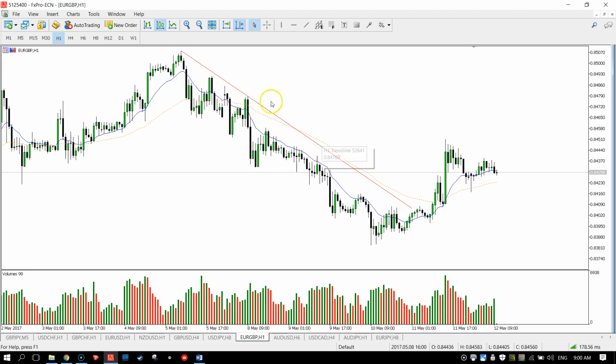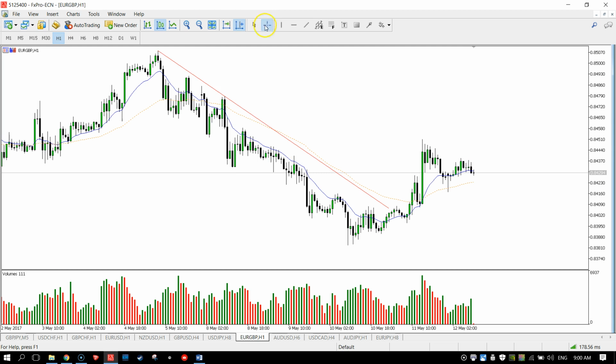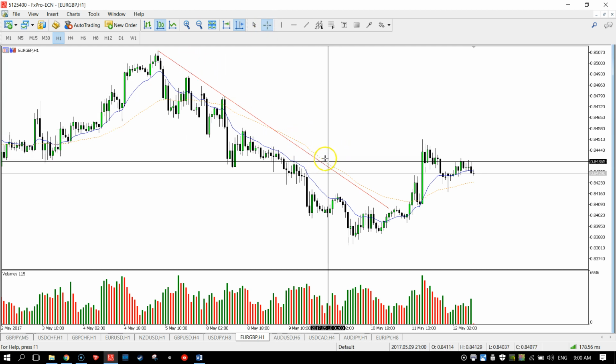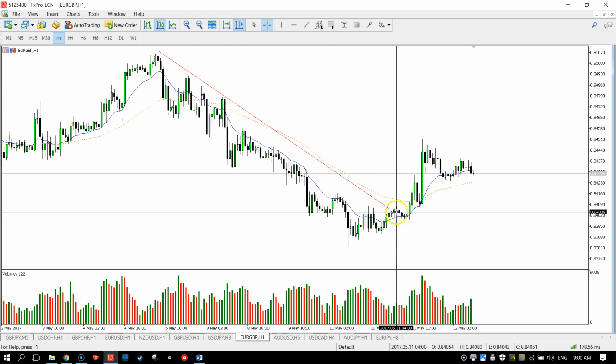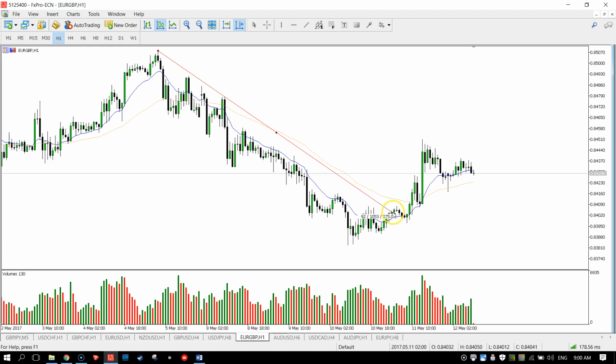Now going forward in time, we didn't really see another bounce, and that's fine, and that's why I said I don't use trend lines that much unless they're very obvious. Here, as soon as it closes over and doesn't go under the trend line again, I would simply delete it.